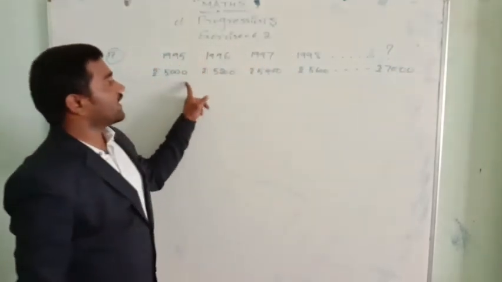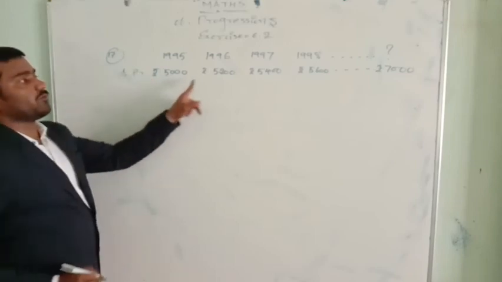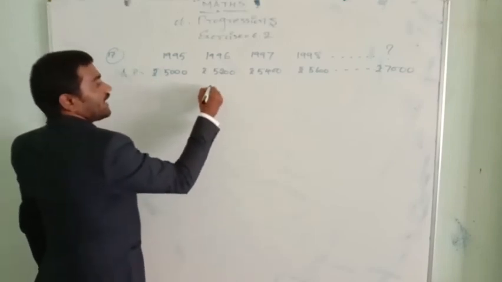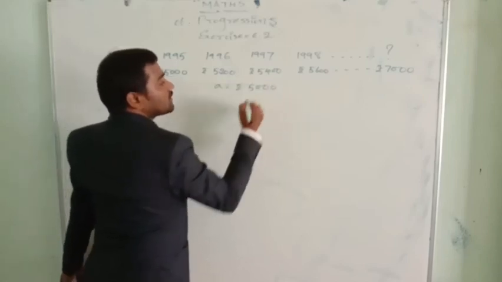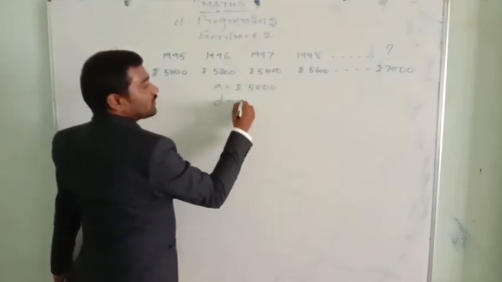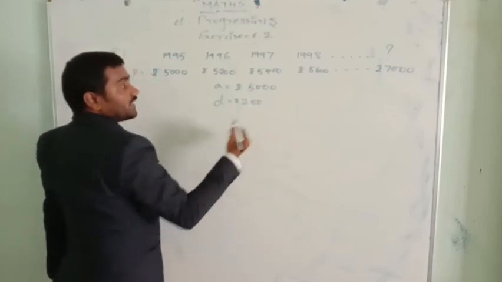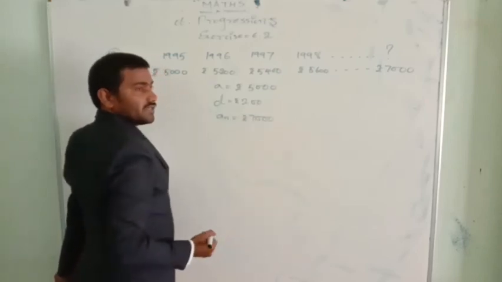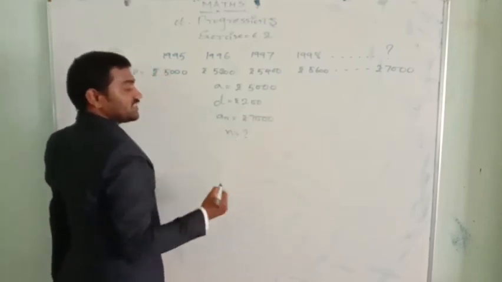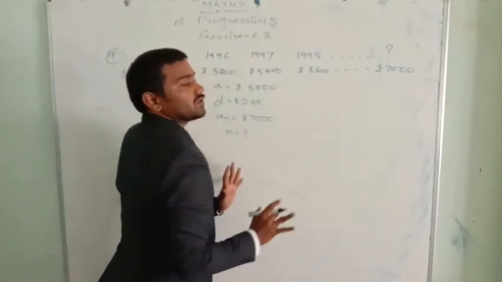Here we get an arithmetical progression, the AP simply. Where A equal to the salary, rupees 5,000, then common difference D equal to 200 rupees each year, the increment, and an equal to rupees 7,000. And we need to find in which year he gets the salary of 7,000.